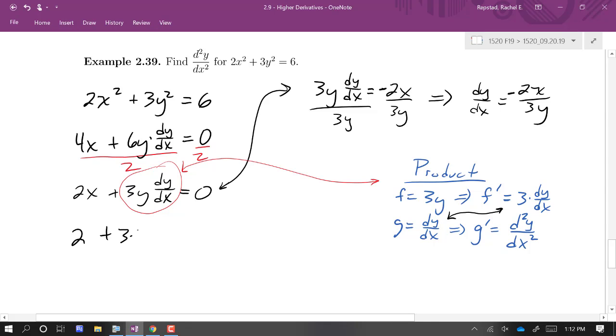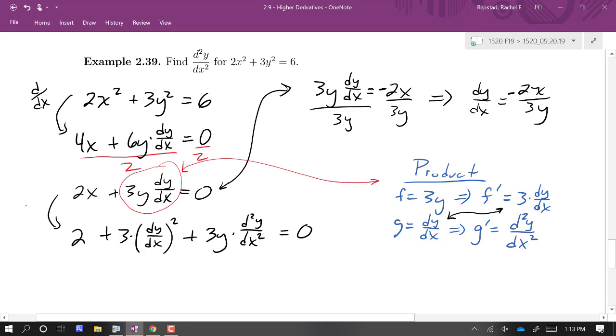So that's 3 times dy/dx squared. Do not confuse that with d squared y over dx squared, because I have a dy/dx times a dy/dx when I do that g times f prime. Both of those have a dy/dx factor. Plus f times g prime is 3y times the second derivative. So here's where we differentiated once with respect to x, and then here we differentiate again.